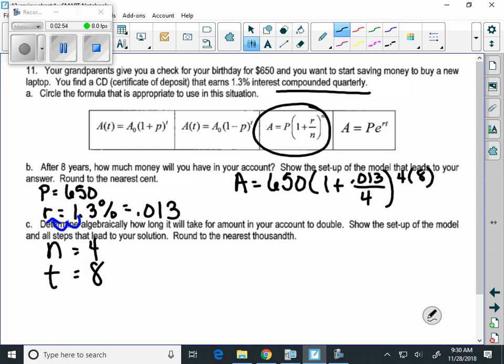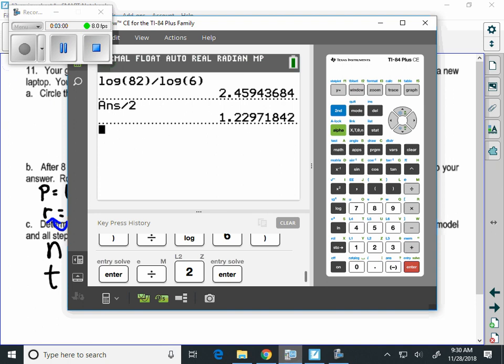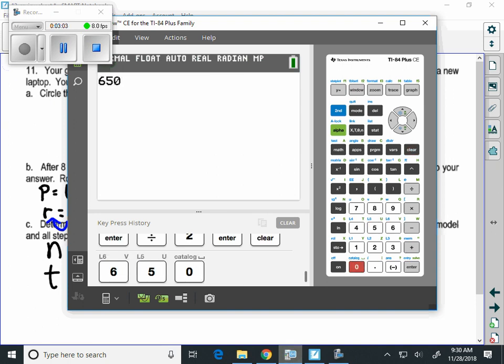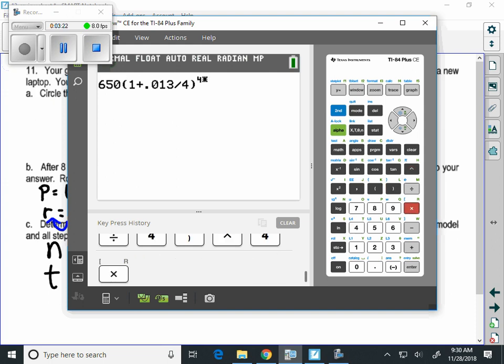Now we're going to take out our calculator and type this in: 650 times 1 plus 0.013 divided by 4, close the parentheses, to the 4 times 8.